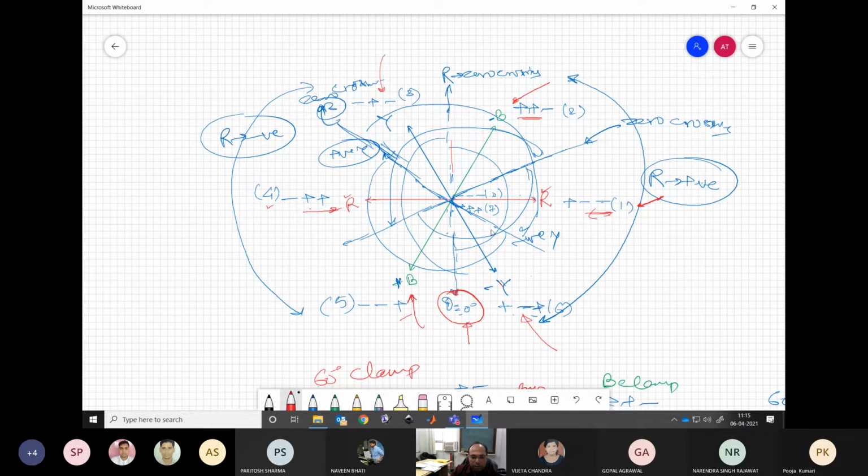Now, when we have these peak values located, we can certainly know where a particular phase is crossing 0. For example, R phase will cross 0 at this axis, which is perpendicular to the R axis. So obviously at theta equal to 0 and theta equal to 180, we have the zero crossing of R.